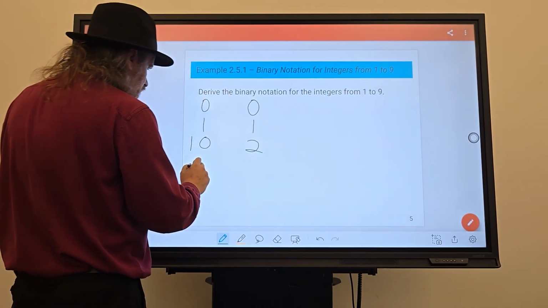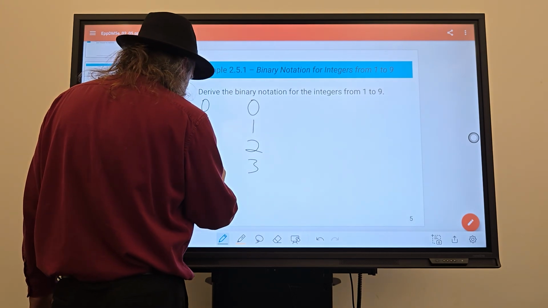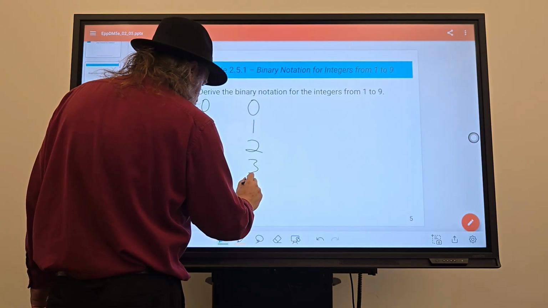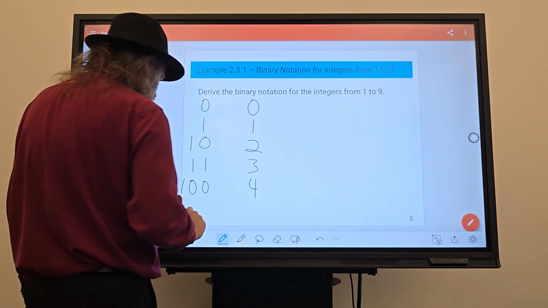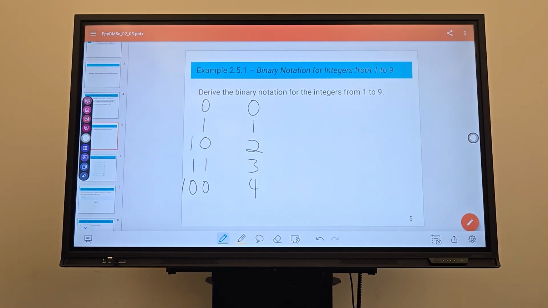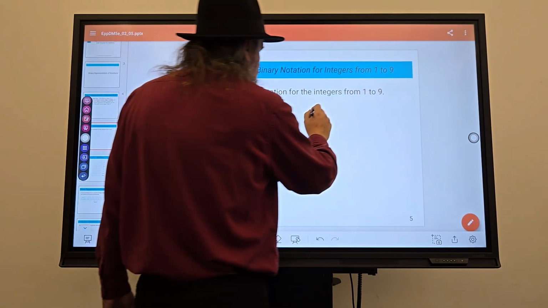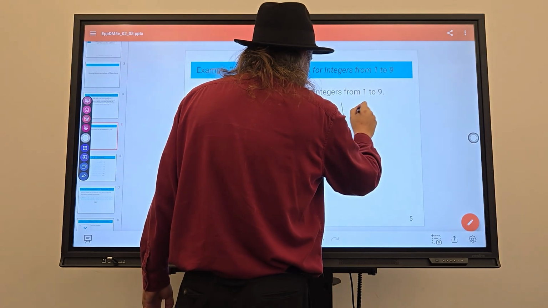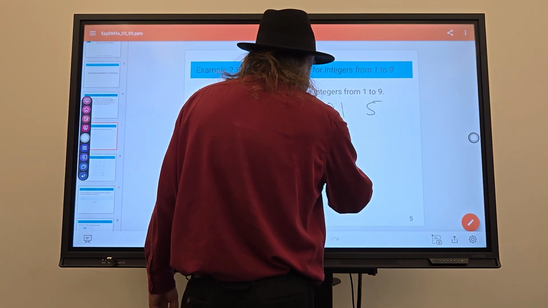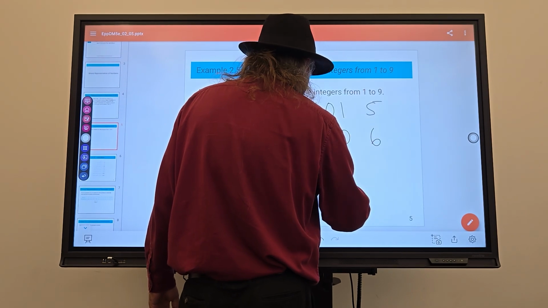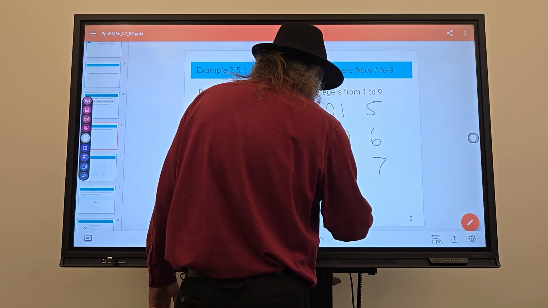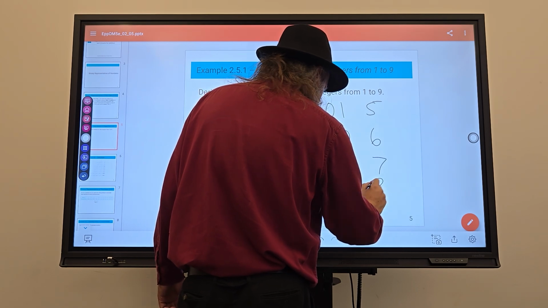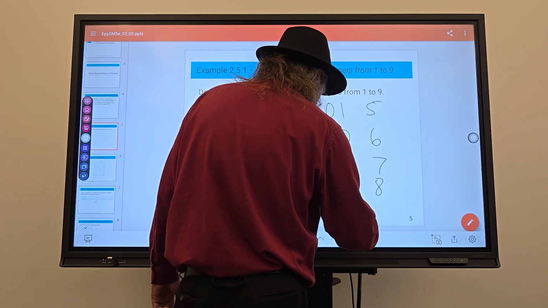All right. And 3, add 1. 4, add 1, carry the 1, add 1, carry the 1, get 1, 0, 0. Likewise, you get 1, 0, 1 for 5, 1, 1, 0 for 6, 1, 1, 1 for 7, 1, 0, 0, 0 for 8, and 1, 0, 0, 1 for 9.